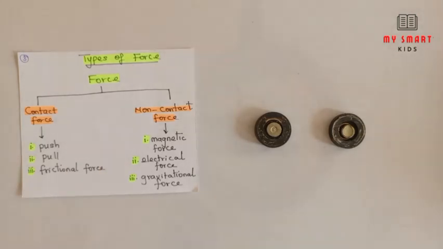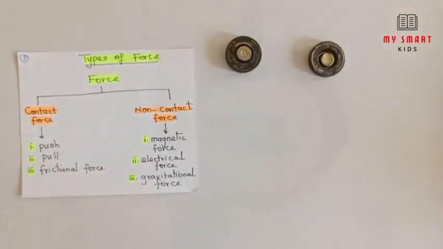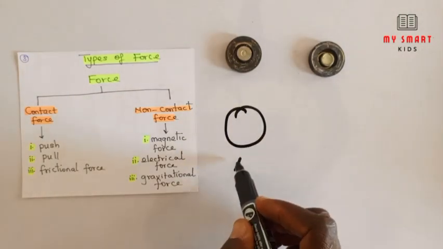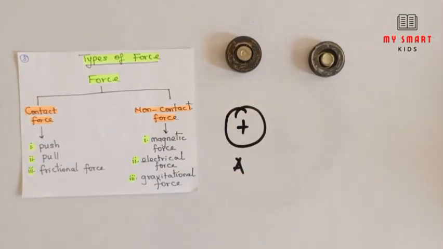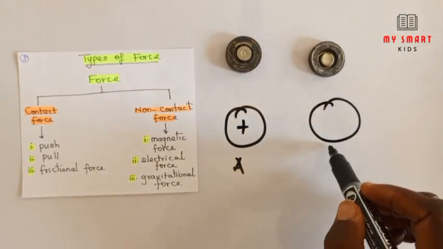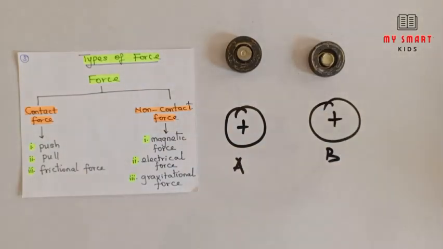Then we have the second one, which is the electrical force. In electrical force, we have the force that exists around two charged bodies. So you have body A with positive charge. You have body B, which is also positively charged.